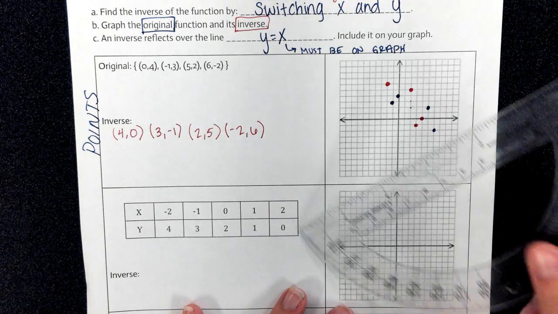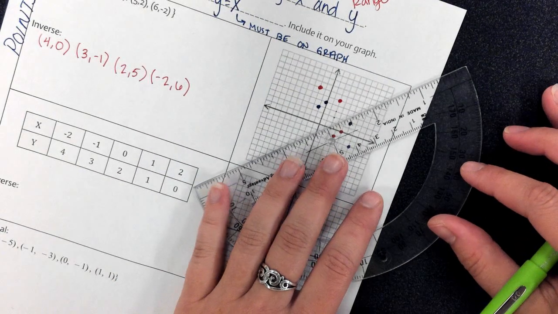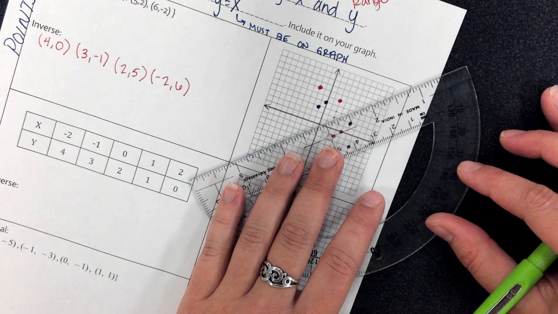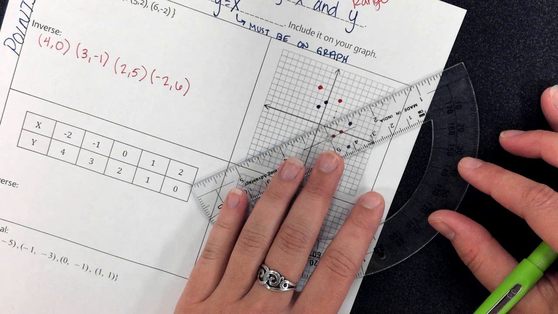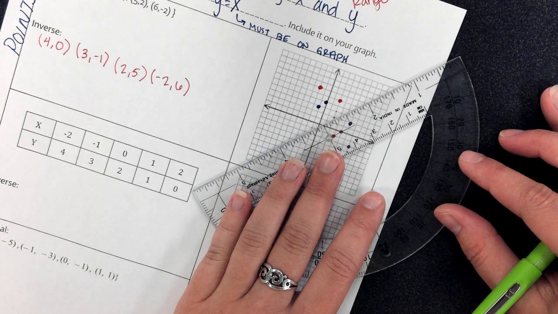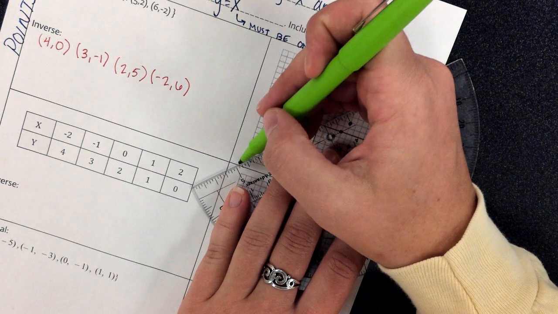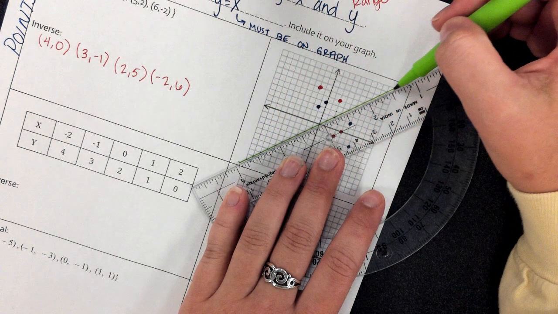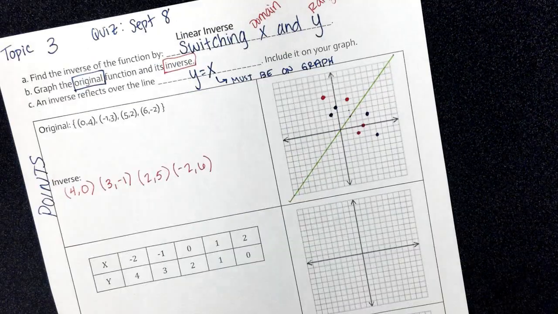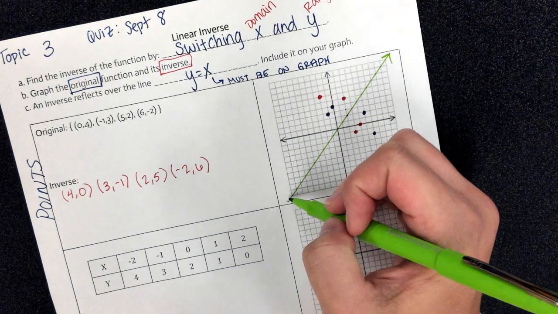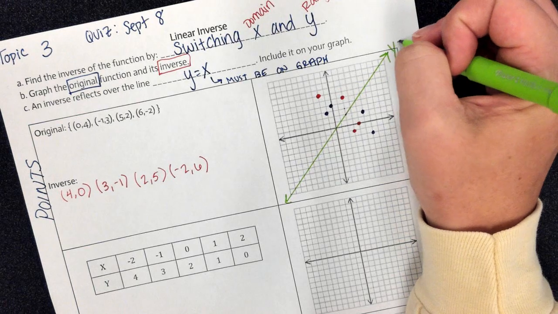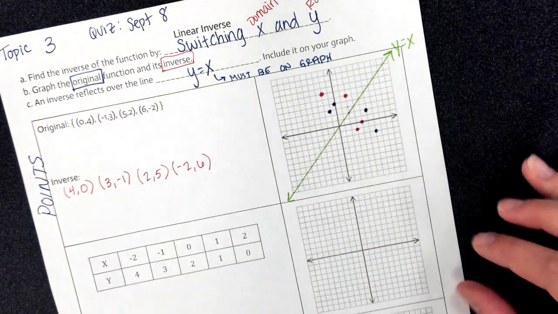So with your straight edge, you want to go through the origin, and it's a diagonal line from one end of my graph to the other. Has to be perfectly in there, a slope of 1. So this is y equals x.